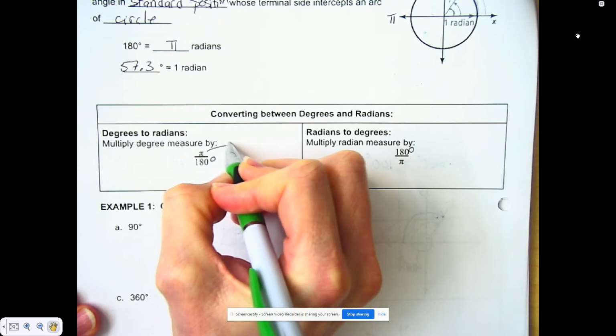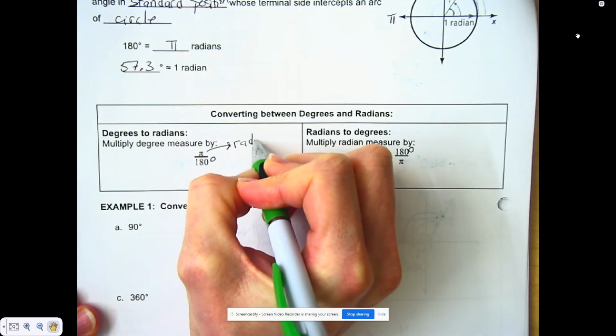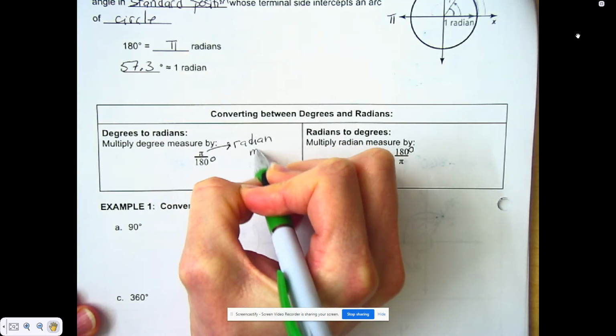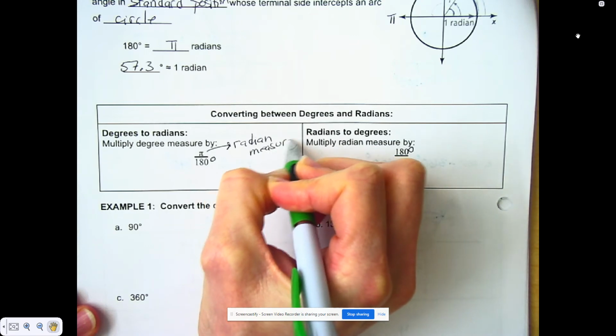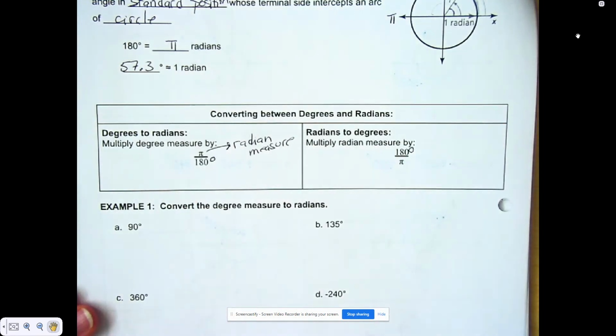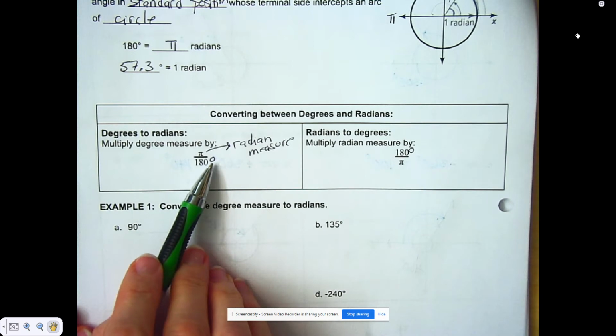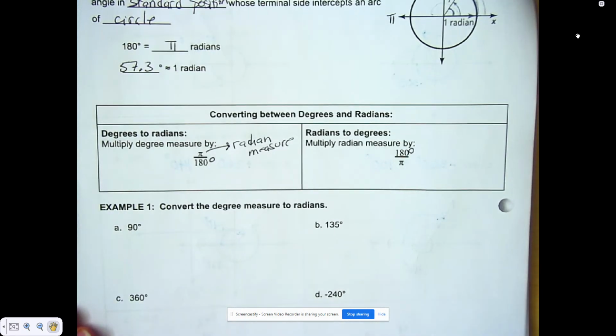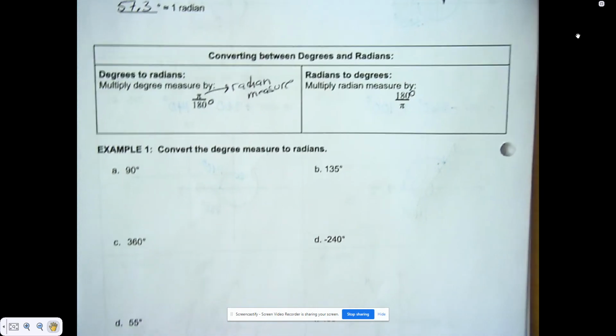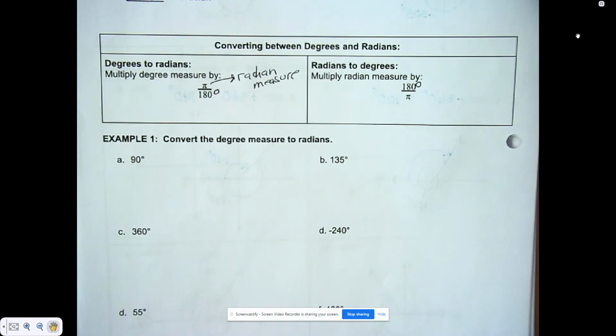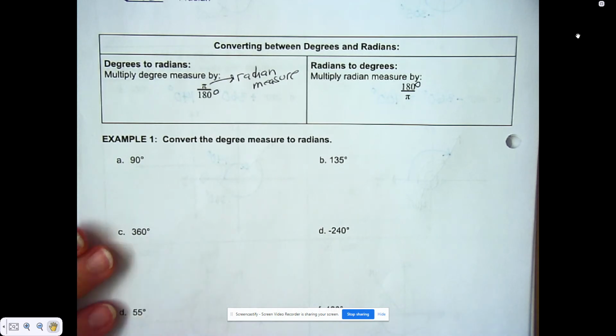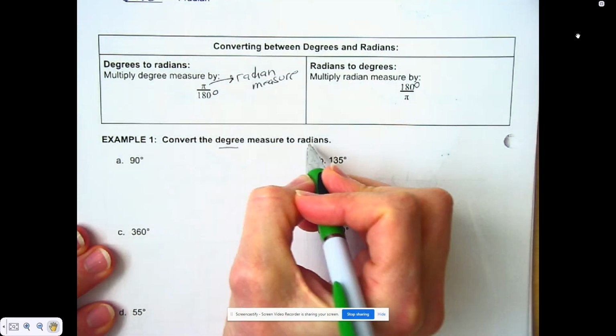You can think of that pi as your radian measure, because radian measures always have a pi in them. Just like this little circle represents degrees, think of the pi as almost like your units on a radian measure. These first ones are all going to be converting from degrees to radians.